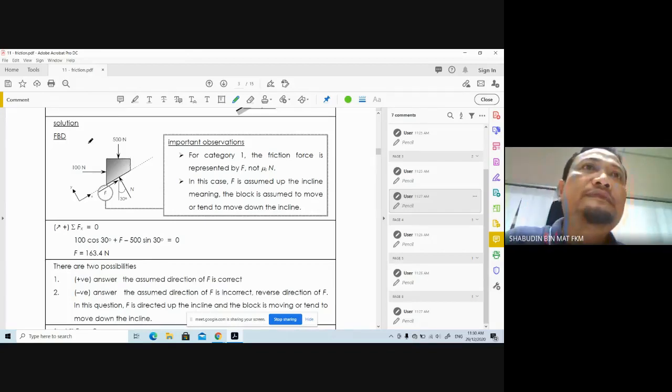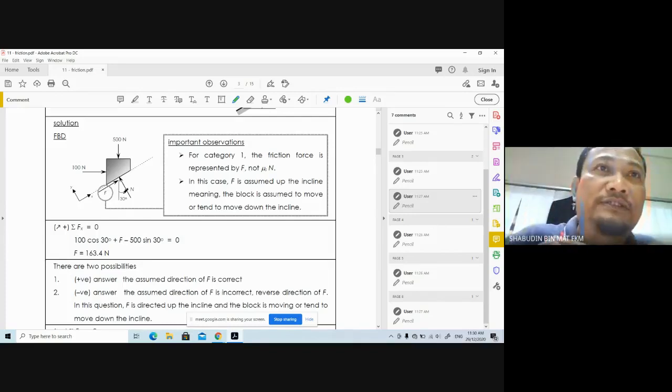You have N going up and the friction force F. It is a friction force going up. You assume the object is almost falling down.